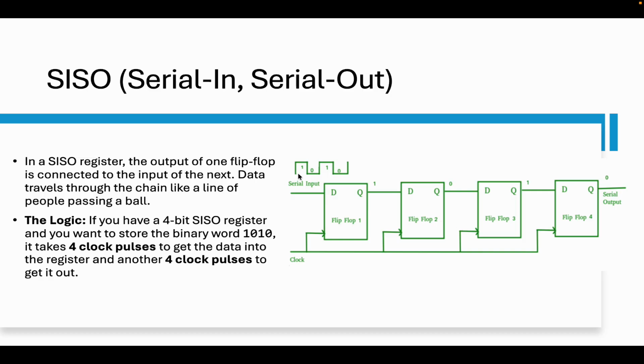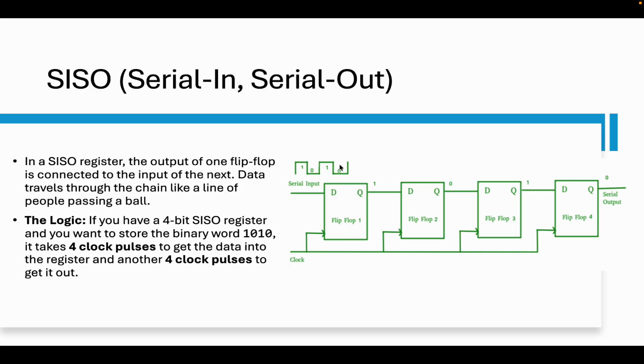Now let us assume I want to send this data, 1010, serially. So we'll send 1 first, then this one will go to here, and this one will go to 0, if that is the case.